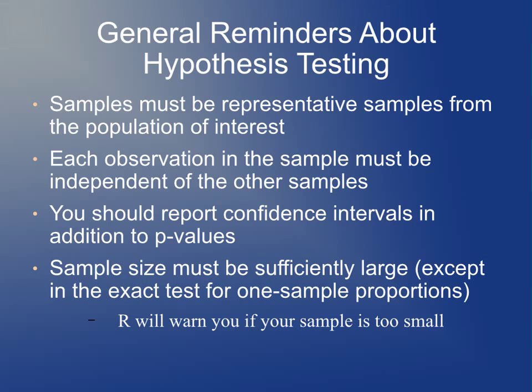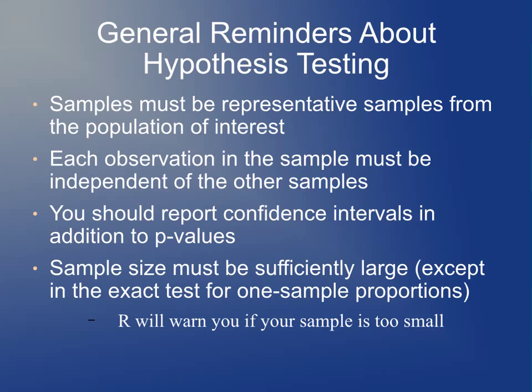And I'm a broken record, but just some general reminders and comments about hypothesis testing. For a hypothesis test to be valid, you have to have a sample that's representative of the population. Each observation of the sample must be independent of the other samples, and you should report confidence intervals as well as p-values.